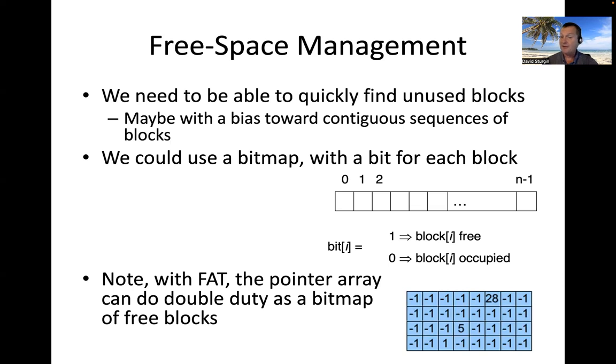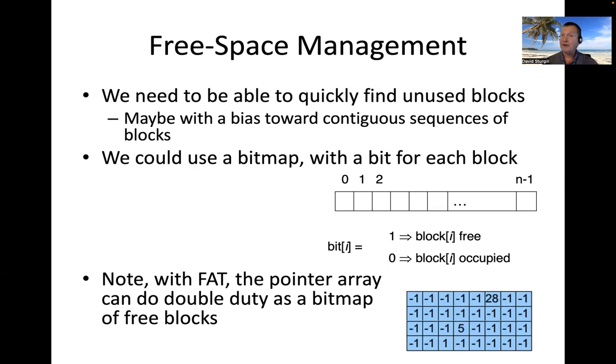For the FAT file system, the table that it's already using to keep up with how the blocks are linked together could also do double duty as a free space array. This table here is copied from the earlier one, so maybe it's not a great example.